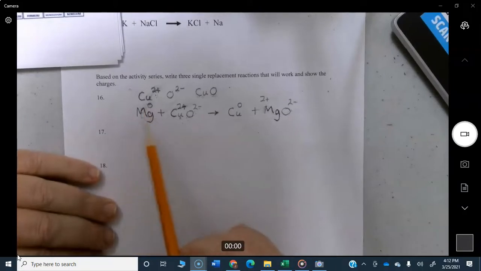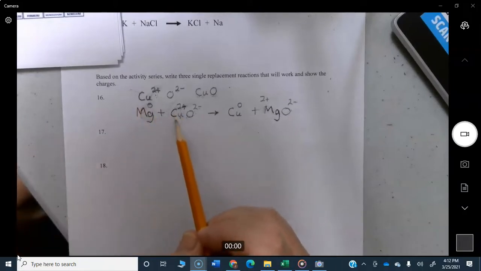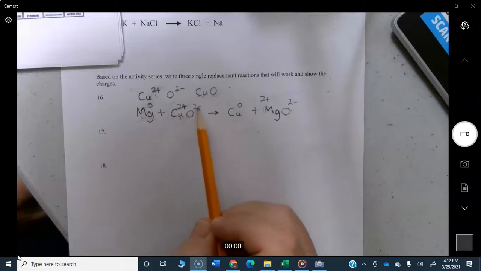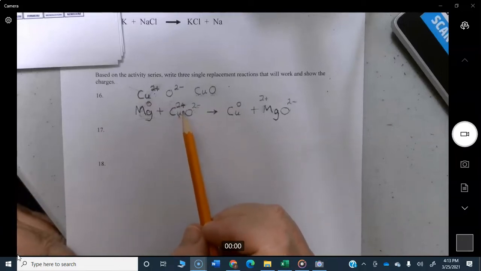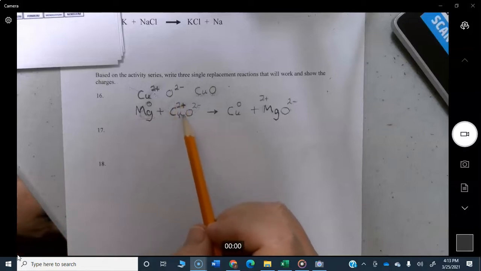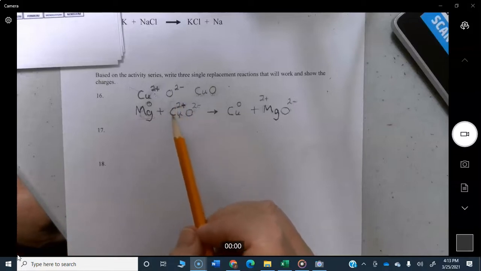So what I'm going to do then here, and it is up above copper, so I put it out here. So what's going to happen is the copper gave up 2 electrons to oxygen. Oxygen became a 2-, copper became a 2+, so they stick together, they bond. Now copper's going to be the strong guy. Not super strong, not as strong as oxygen, but it's going to be a strong guy.